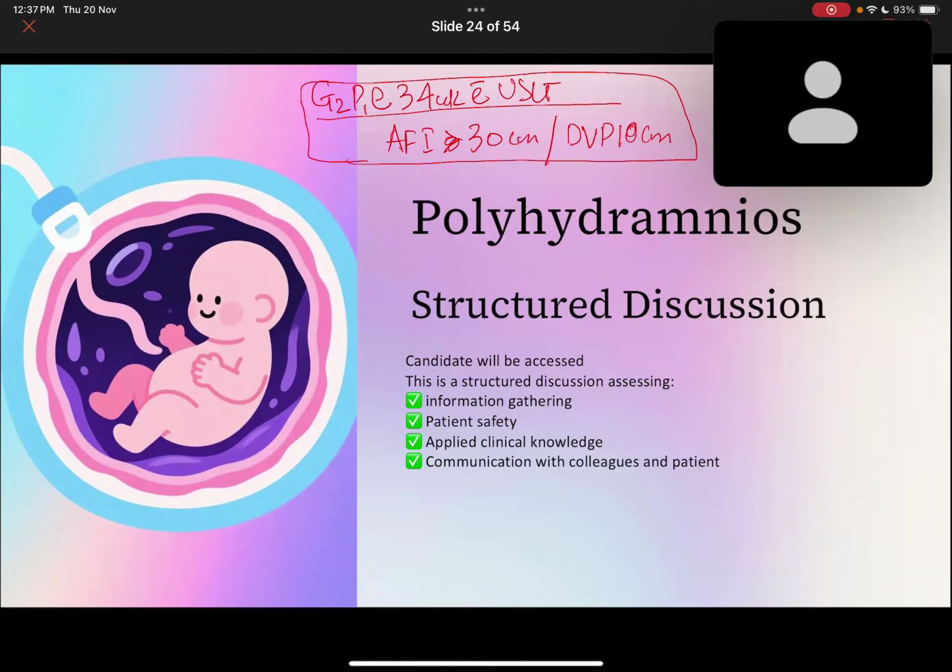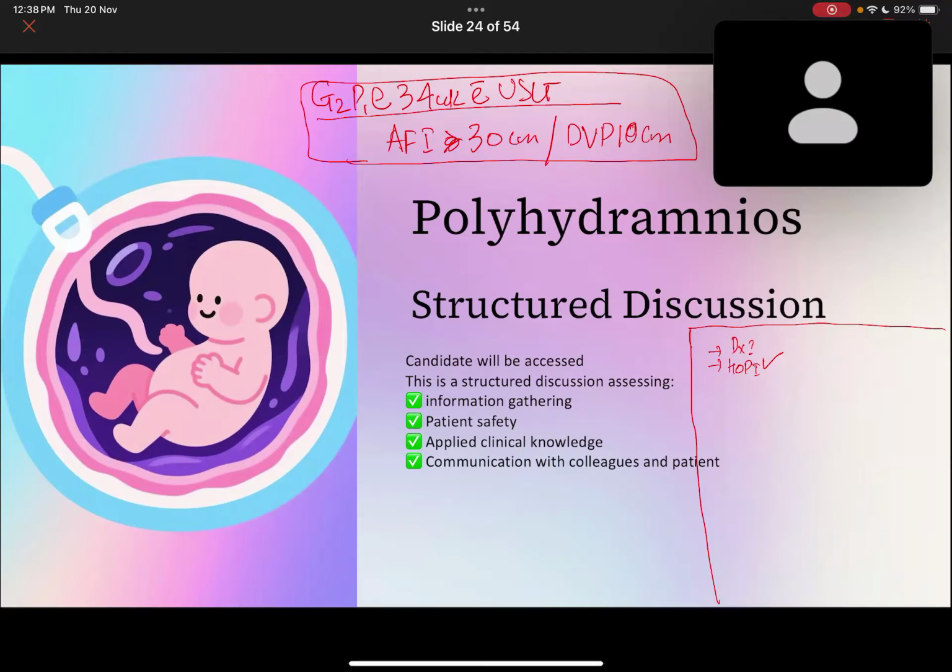Did she remember her last menstrual period, whether it corresponds to date, whether her fetal movements are fine. I would like to ask if there are any symptoms bothering her, that is any shortness of breath, any pain, bleeding, or any leaking, and whether she has booked herself regularly in the antenatal care and follow-up has been done or not.